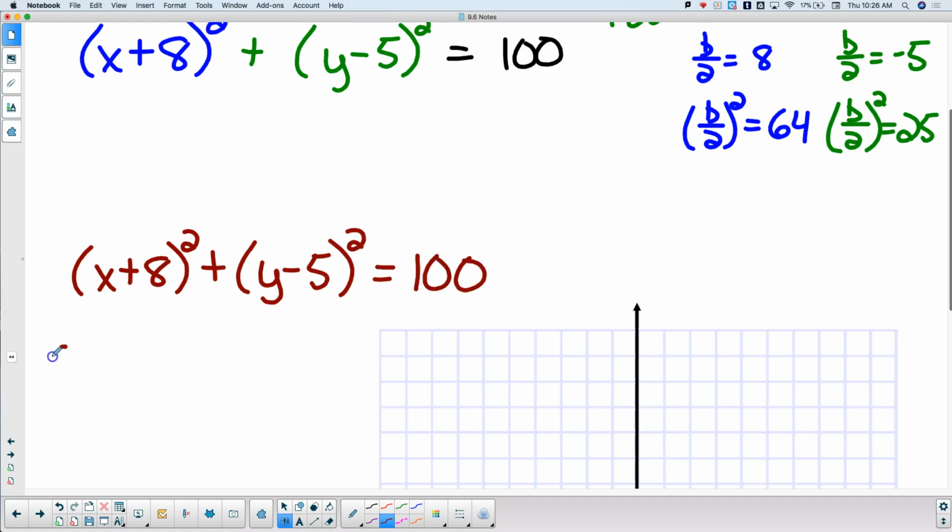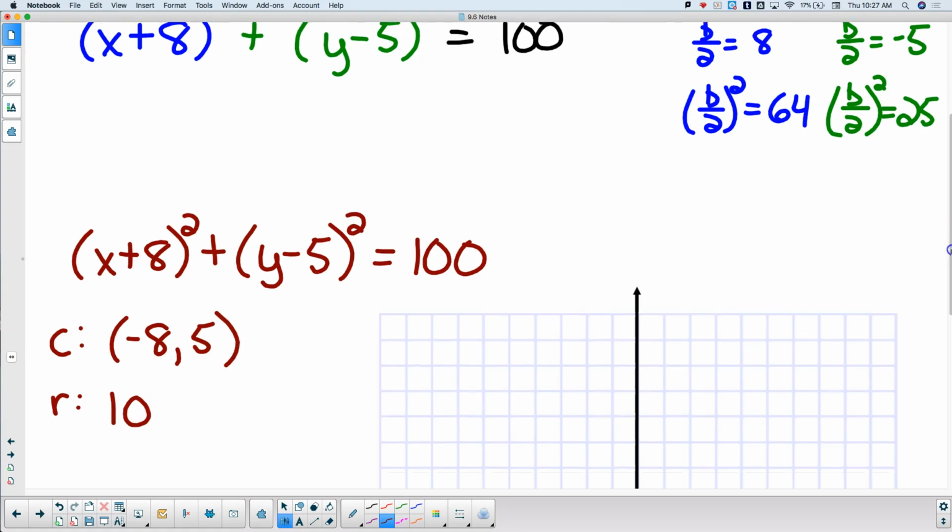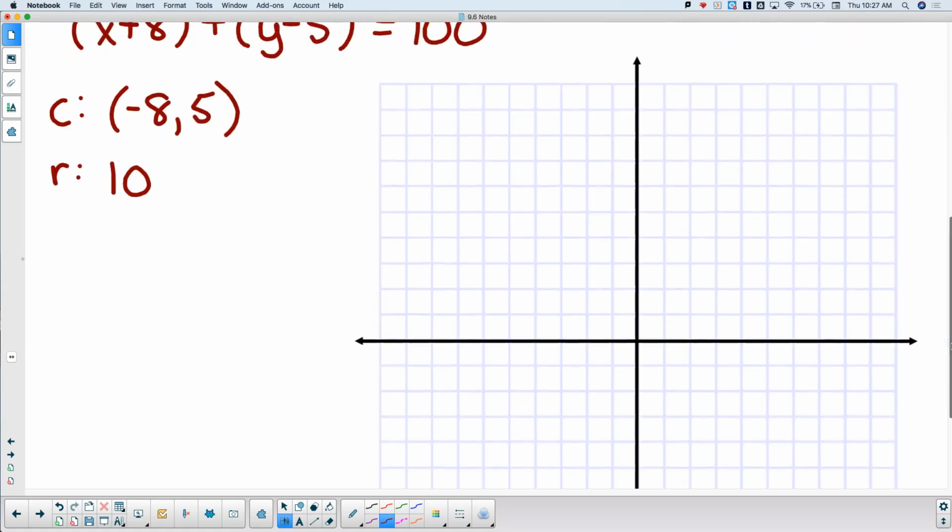Based off of that, it's a circle. I need my center and I need my radius. Where is my center? Negative 8 comma 5. What is my radius? 10. Two, 4, 6, 8, 2, 4, 5 puts me right there.